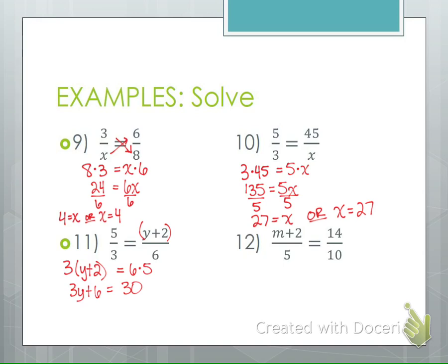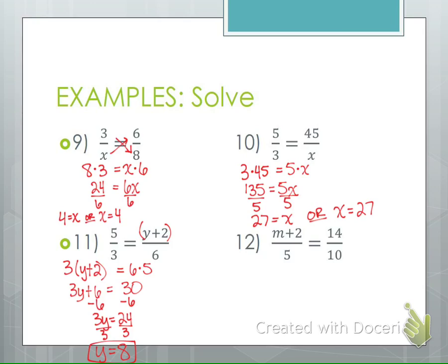What's one of them? Good. Subtract 6 on both sides. We have 3y equals 24. Last step. Divide by 3. 24 divided by 3 is 8. So y equals 8. Or you could put 8 equals y if that's how you had it set up. There's that answer. y equals 8.